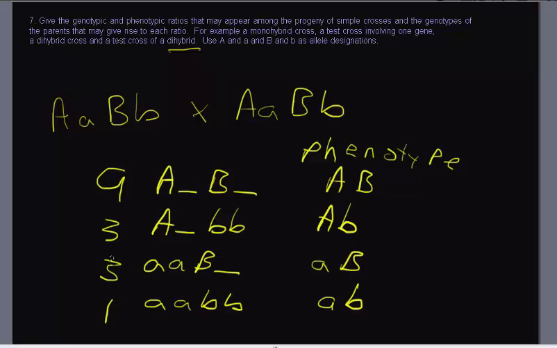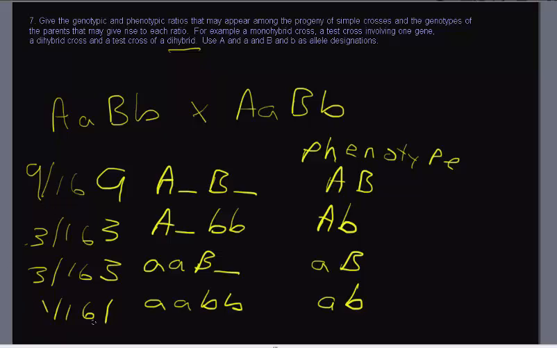Now another thing to think about these is to think about them in terms of fractions. So this is 9/16, 3/16, 3/16, and 1/16. And so that becomes useful when we start doing probabilities. When you want to calculate probabilities, you need to use fractions to represent a probability.